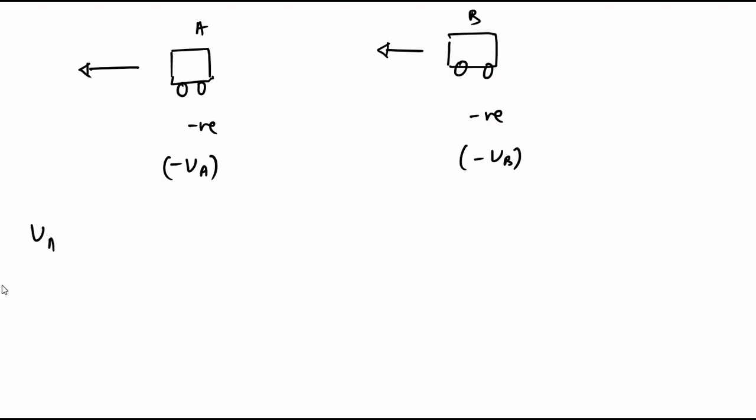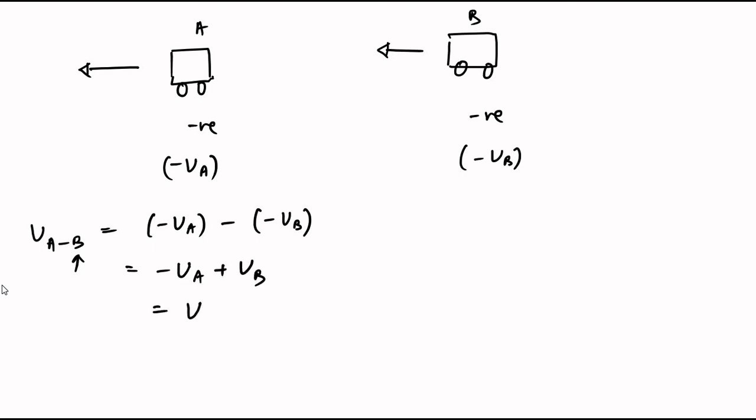So VAB, with B as the reference, will be minus VA minus of minus VB, which is minus VA plus VB, which is equal to VB minus VA.